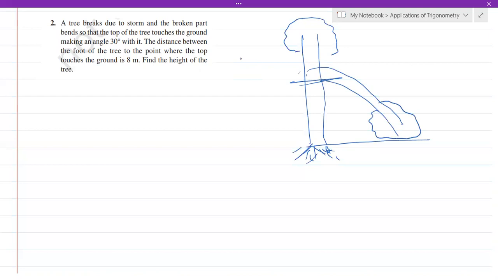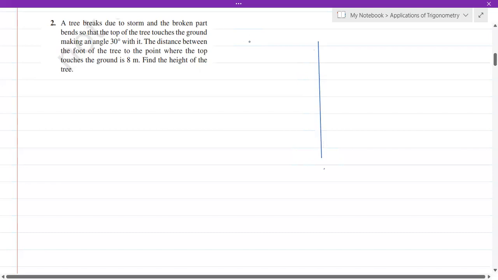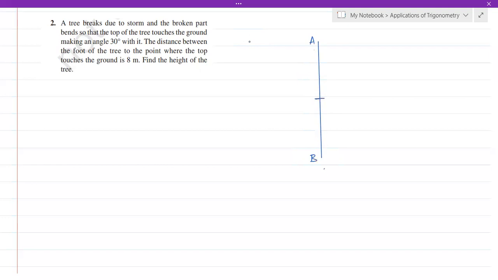If you observe carefully here, what we have got is a right angle triangle, isn't it? So let me draw it properly. Let me draw a straight line itself. Let's say AB is the total height of the tree, and due to the storm the tree is breaking at this point.